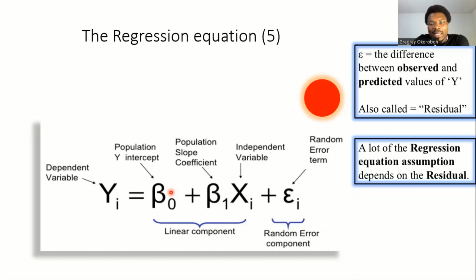So for us to do that, we need to find meaning to the residual, as well as all the assumptions made around the residual. In the next episode, we'll be looking at regression assumptions as well as the R squared. So I encourage everyone to please listen and go through that video.